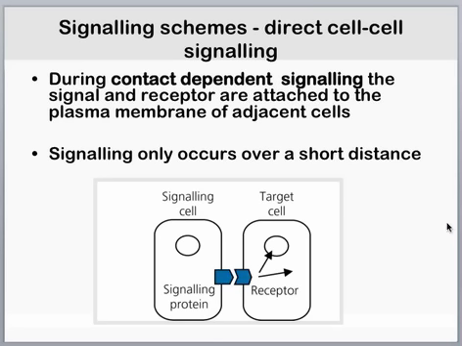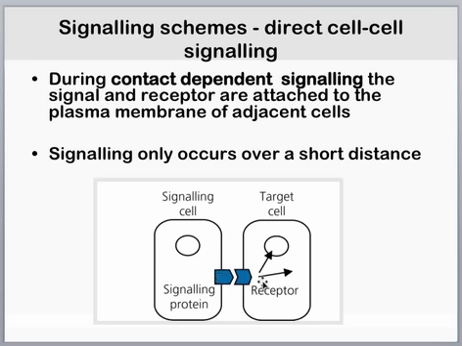So when we talk about direct cell-cell communication, there are two categories of this. In one instance we have these two cells which are talking to each other. This cell contains a signaling molecule embedded in its plasma membrane.